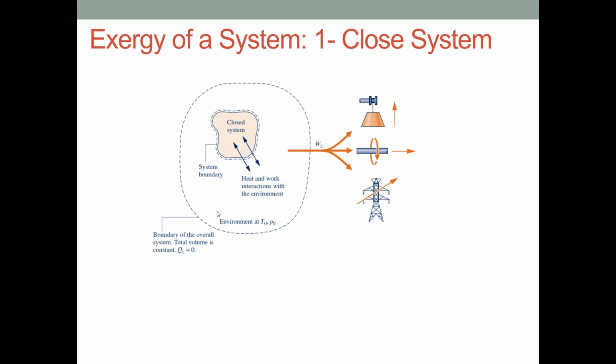Since this is an isolated system, the total volume remains constant and no heat can move in or out of the overall system. So what we have defined up till now is that the overall system means a closed system and the environment, right?